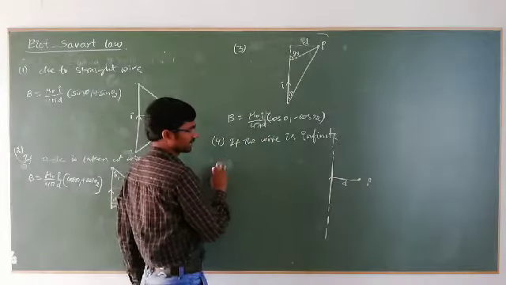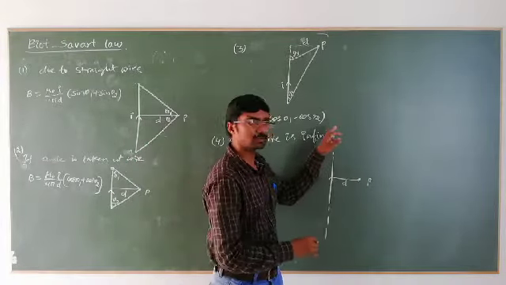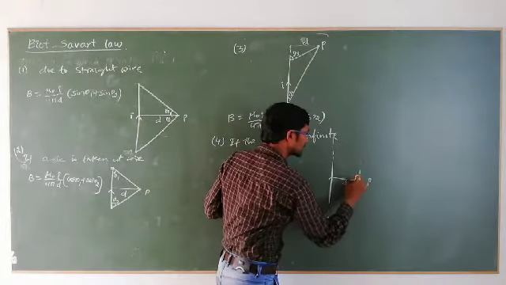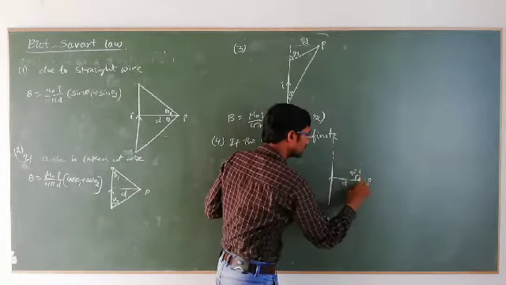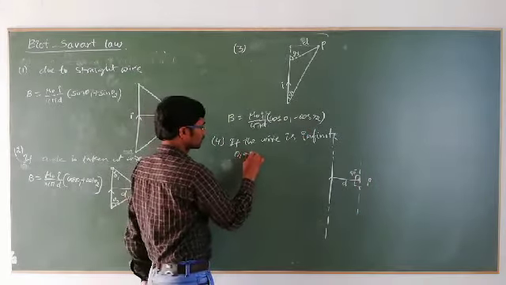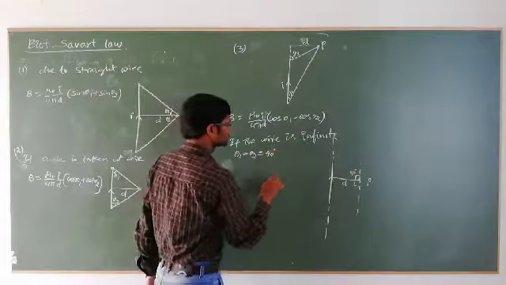Let me take first theta 1. Infinite means it goes on somewhere, then what would be the angle theta 1? 90 degrees. Theta 2 also is 90 degrees. Theta 1 is equal to theta 2 is equal to 90 degrees.